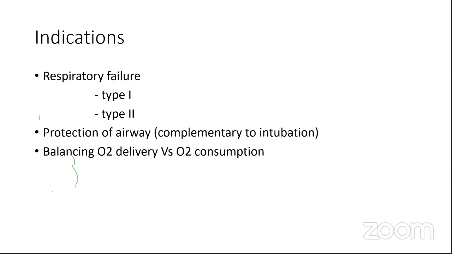The third major indication of mechanical ventilation is trying to balance oxygen delivery with oxygen consumption. And this is specific to shock states where a patient, let's think of a patient who is in shock due to a urinary tract infection, for example. So this patient is fully conscious, he is protecting airway, and he does not have pneumonia.